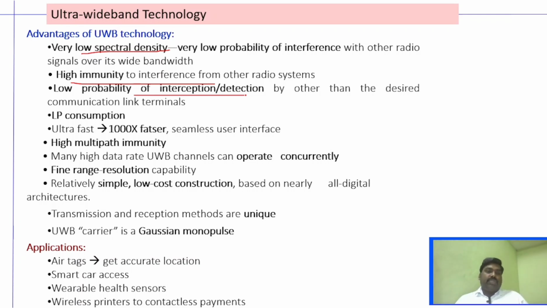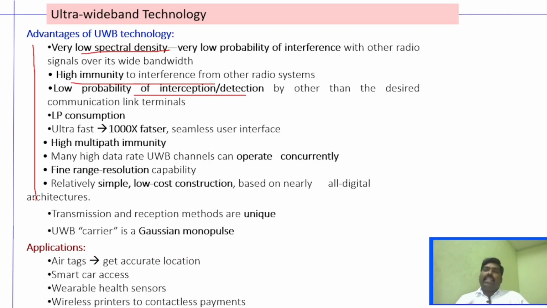Low power consumption, and it is ultra fast when compared with other short range wireless communication. It has high multipath immunity, high data rate, and fine range resolution, right? All these are advantages of UWB technology. And here, the transmission operation of UWB and the reception operation of UWB is very unique.